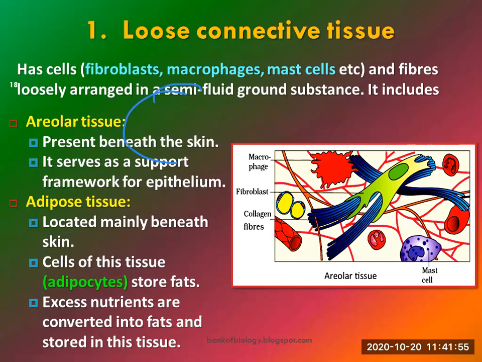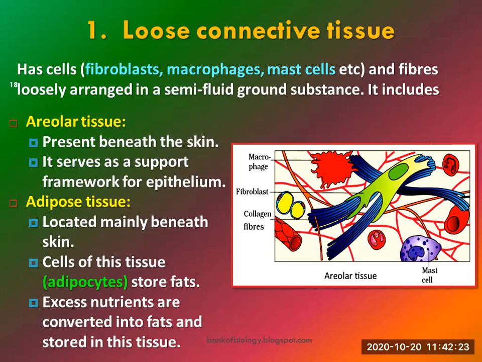So that means a large cell which contains a single oil droplet that pushes the nucleus to one side. We say this kind of tissue is white adipose tissue. Excess nutrients are converted into fats and stored in the tissues.